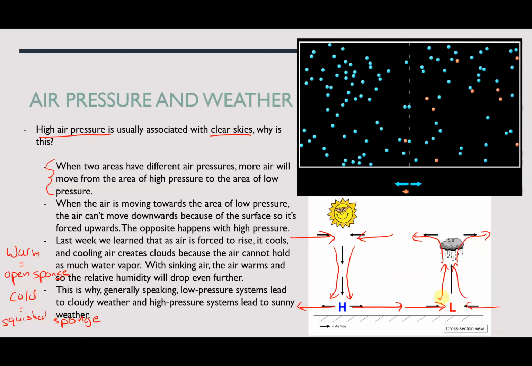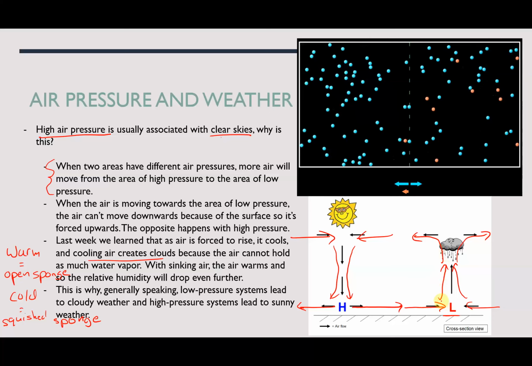Okay, so as the air in a low pressure area is being forced to rise, we know that air is going to cool, and as it cools, it is like squishing that sponge, and so that's going to force precipitation to occur. It's going to force the water to condense and form clouds.